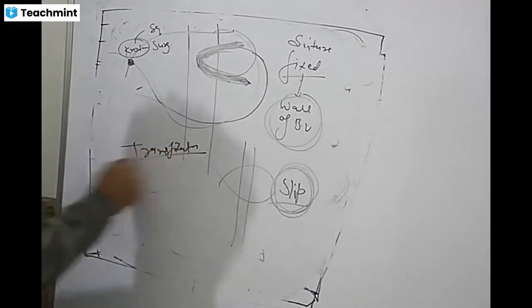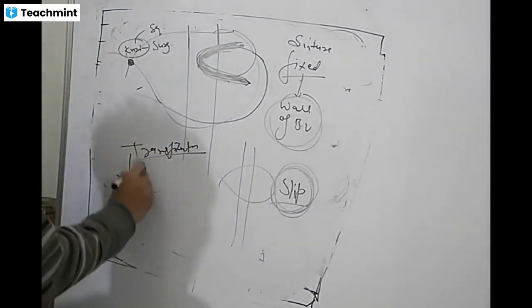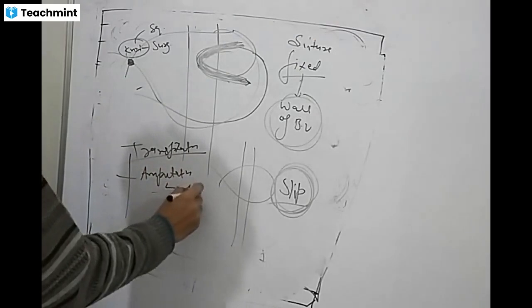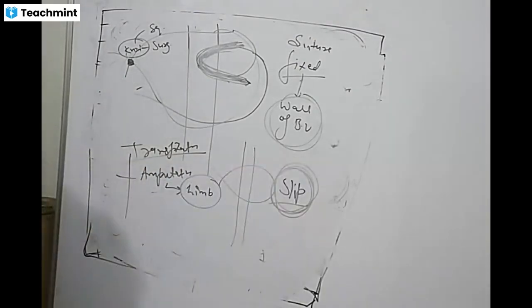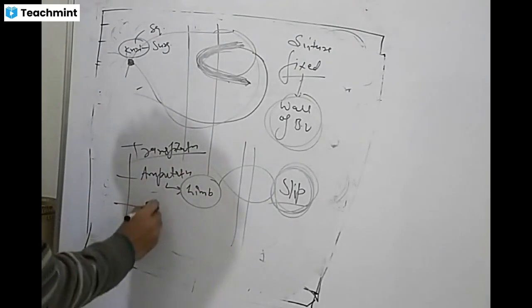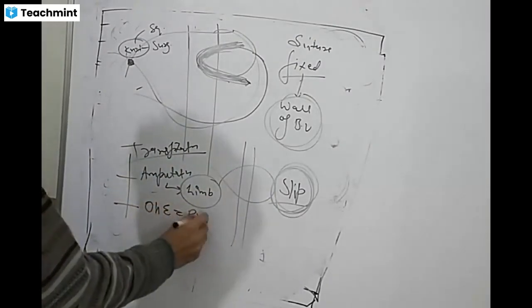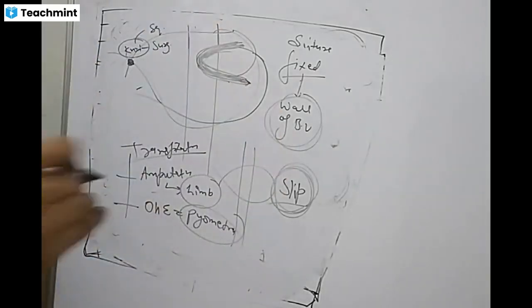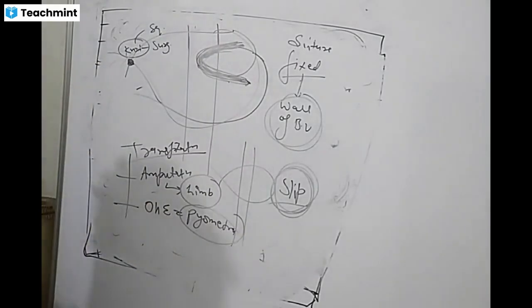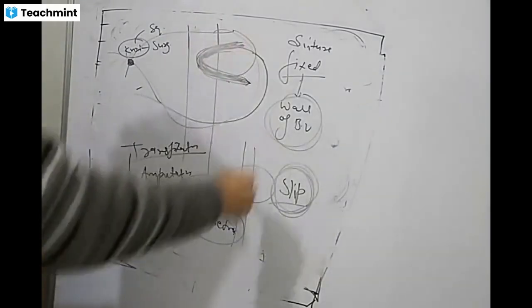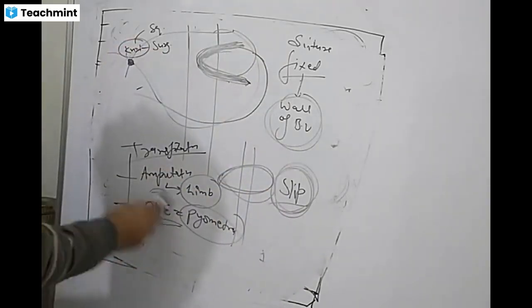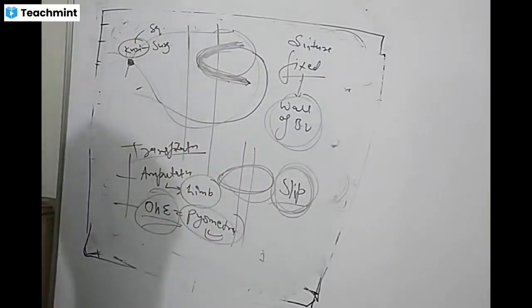We use transfixation where we do amputation of a limb; there, large vessels are present. Second, we use transfixation in OHE in case of pyometra, because in pyometra the uterus and vessels are fragile and soft, so we don't want to risk the material slipping.